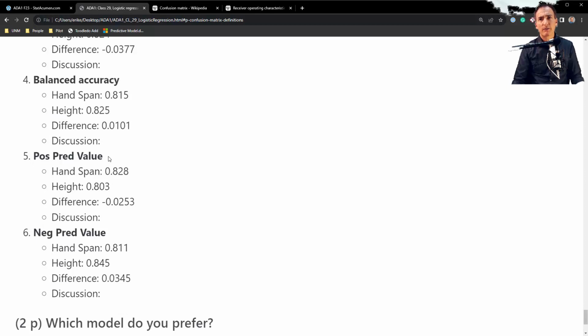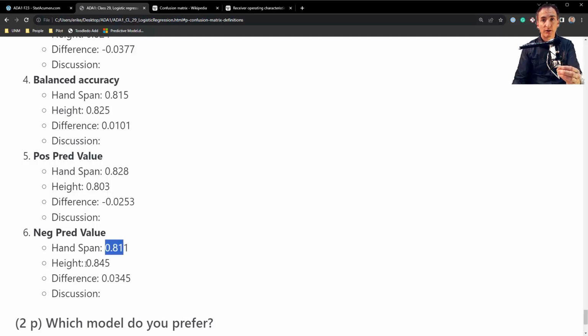Positive predictive value, I think, is not going to be quite as important, but maybe interesting to think about. Of those who were predicted as being female, how many were truly female? Of all of our female classifications, 82% versus 80%. So the height model does about 2.5% worse. And for males, negative predictive value: for everyone who was predicted as being a male, what proportion were truly males?